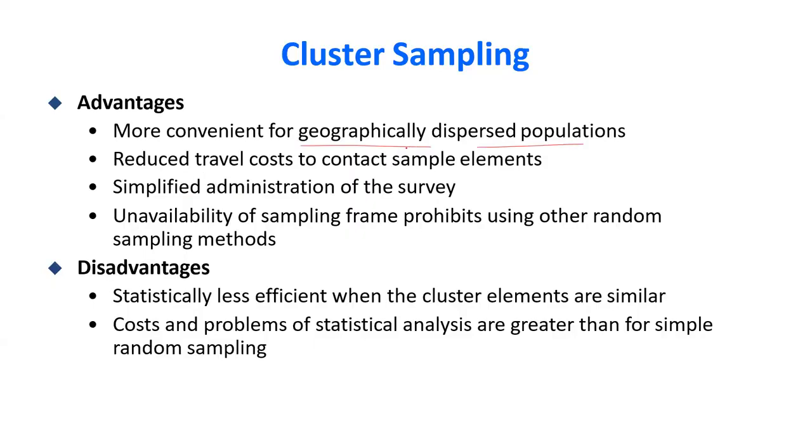As I mentioned, if there are multiple characteristics which are hard for you to define or identify, then you can go with this kind of clustering technique. I think the rest of the points are self-explanatory.